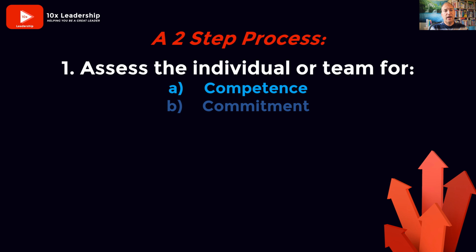What experience have they had at doing that? How many times have they done it? Is this a completely new situation to them? And then also, how committed are they to doing it? Sometimes I talk about that as skill and will. So how skillful are they, and how much will do they have to do the thing that they're supposed to be doing?